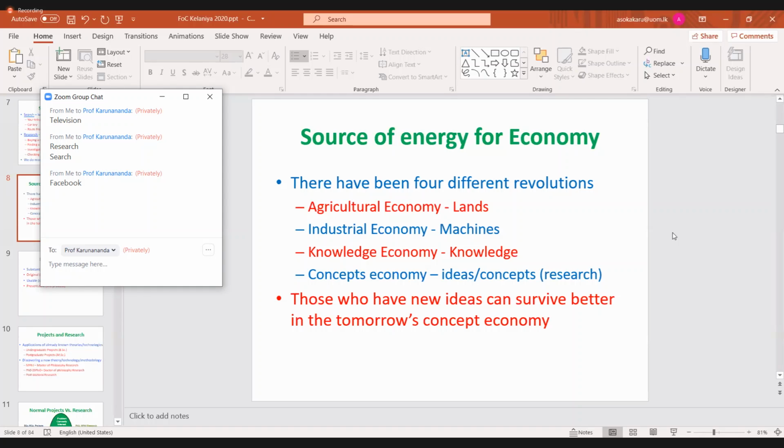Tell me one idea, one concept. Marketing industry, this one is a nice one. Facebook is a good example. A guy came up with the Facebook concept. What are the other good examples of that nature?